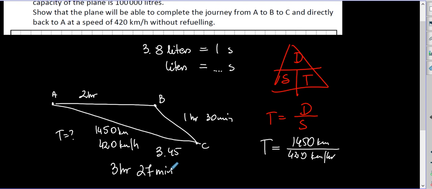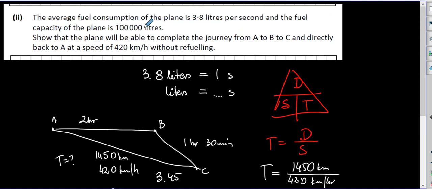So he's flying 2 hours, 1 hour and 3 hours, so that's 6 hours and 30 minutes and 27 minutes, 57 minutes. So the question is, the 100 liters that he has, how long will it last him?